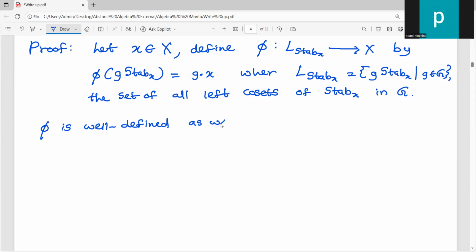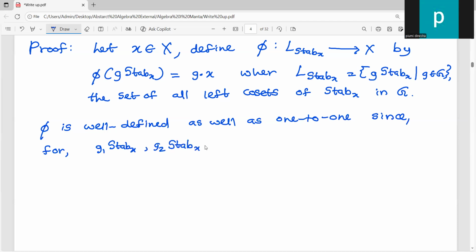Well defined as well as one-to-one, since we can prove this at the same time. For any two elements that we take from the set of left cosets of stab X, let me take them to be G1 stab X and G2 stab X, any two elements taken from this domain.